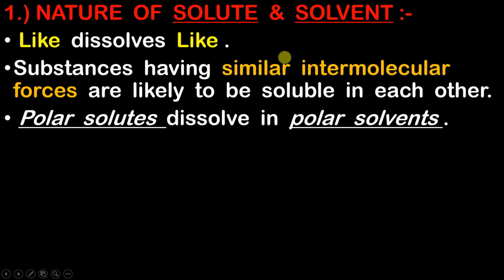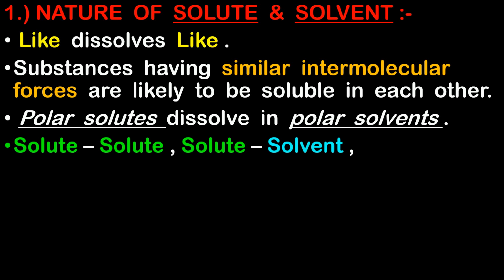So if both solute and solvent are polar compounds, or polar molecules, or exhibit polar character within themselves, then the solute is going to get easily dissolved in the solvent. In general, polar solutes dissolve in polar solvents.